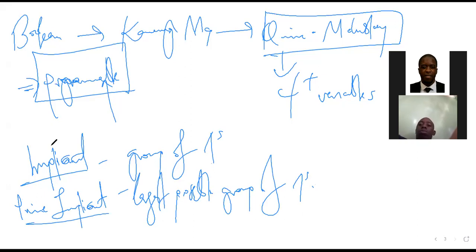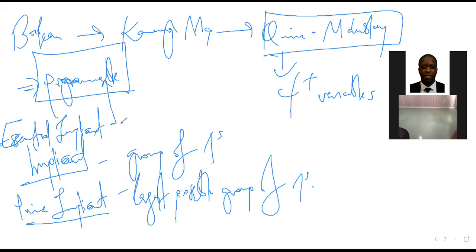We have the essential implicant. This is a prime implicant having at least one min term which cannot be combined in any other way.